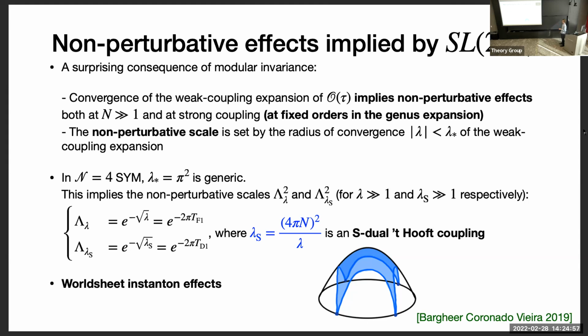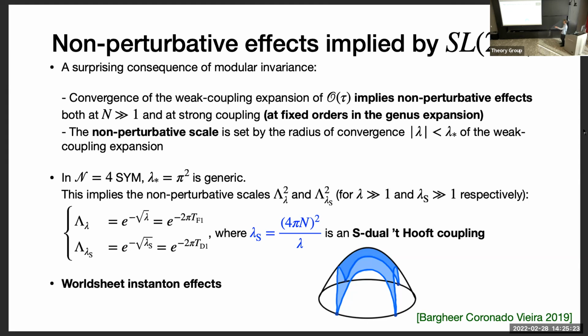So the former is just e to the minus root lambda. And now this is just e to the minus 2 pi times the tension of a fundamental string. For the S-dual coupling in the limit where n is much bigger than lambda, i.e. lambda_S is very big, then you have non-perturbative corrections with this strength, e to the minus root lambda_S. And that is given in terms of the tension of a D1 brane.